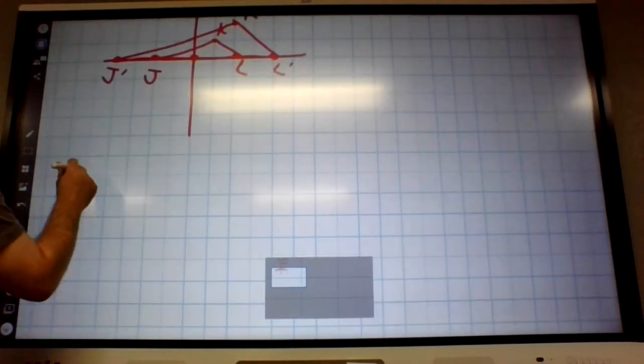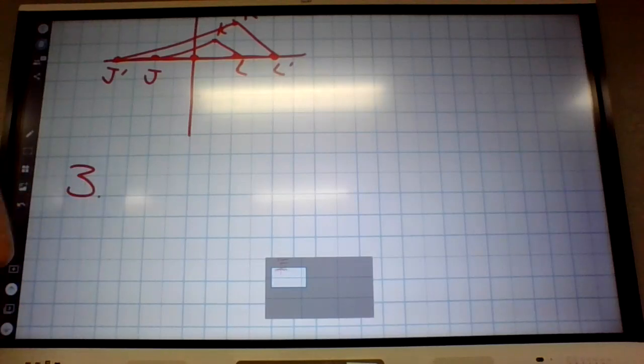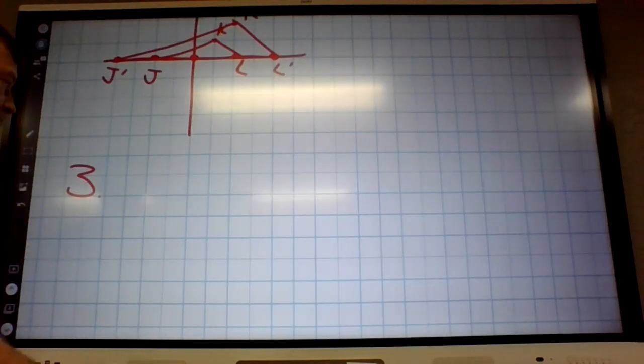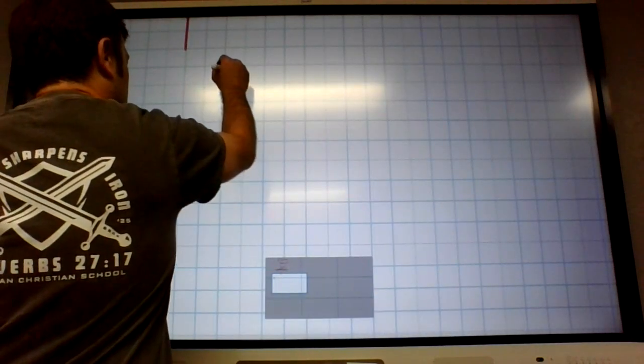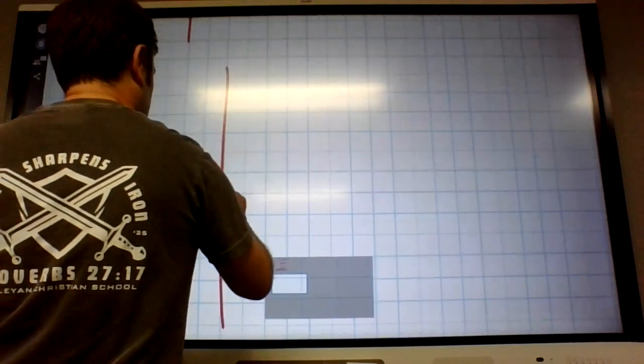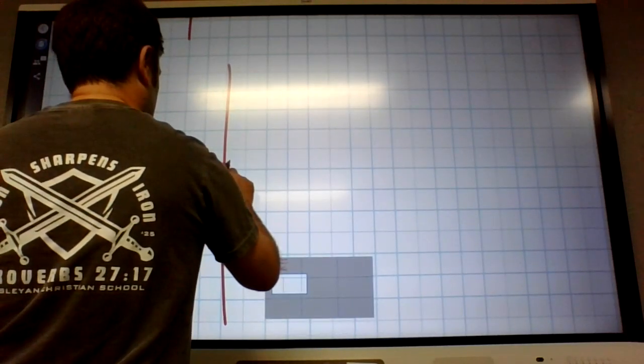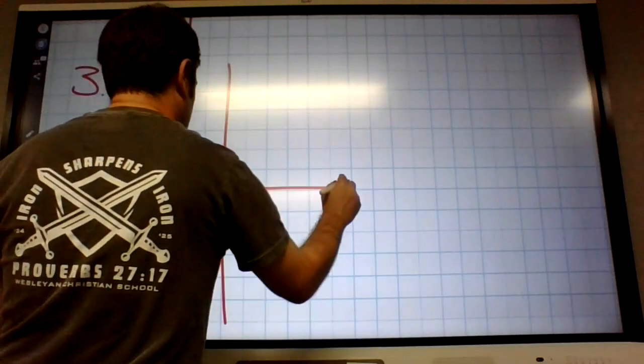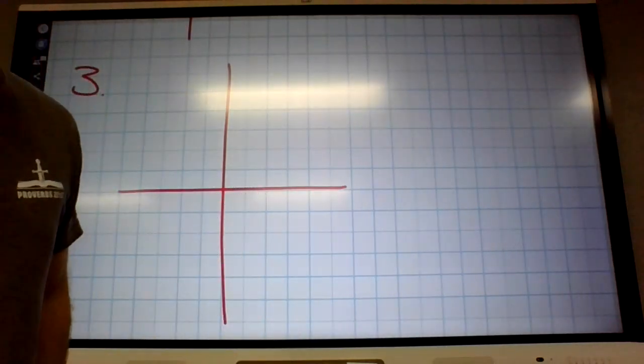Okay, number 3. Dilation of 2. So we got 2, 1.